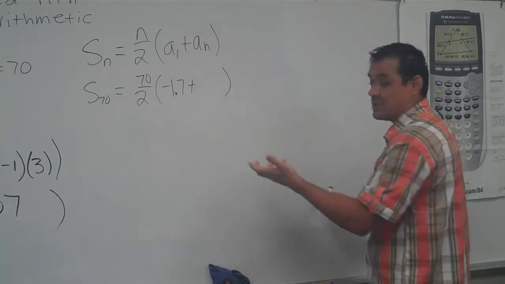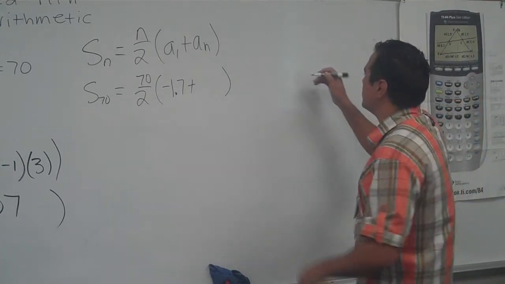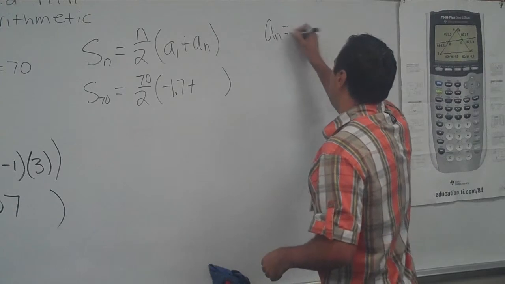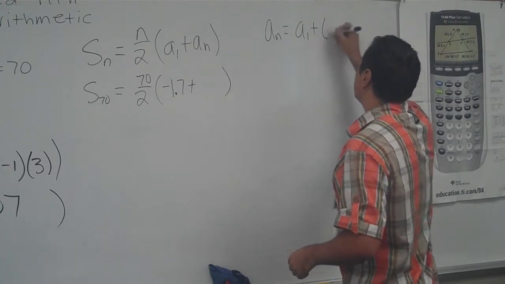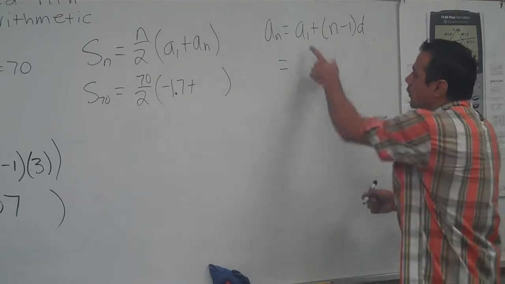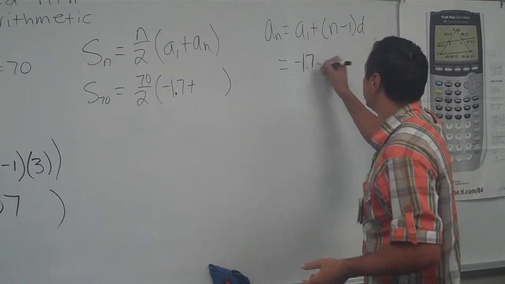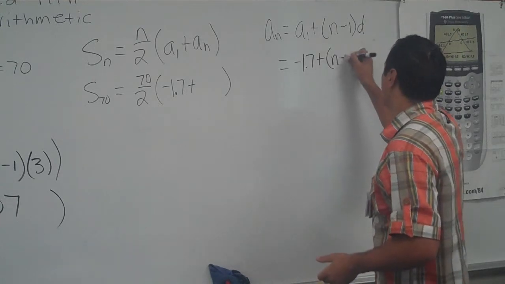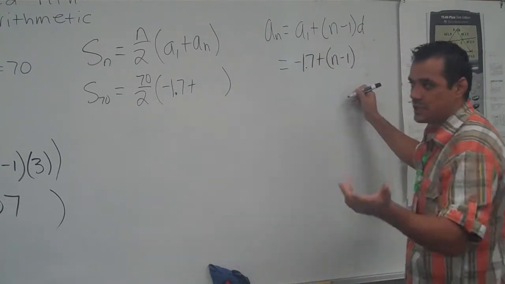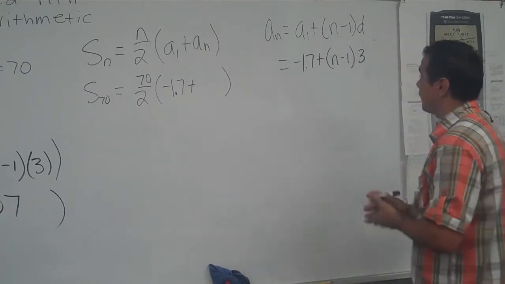Remember, to find our 70th term, what we're going to do is use the formula for the nth term, which is a sub n equals a sub 1 plus n minus 1 times d. Well, you know a sub 1, we have it on the list, it was negative 1.7, right? Plus n minus 1 times d. And we know d was 3, so you plug in your 3 right there.